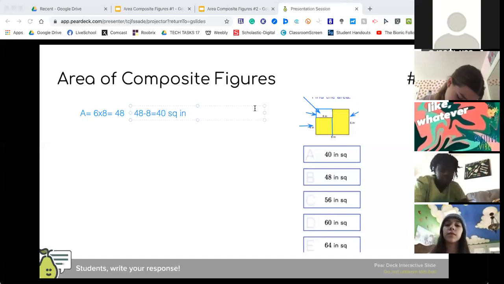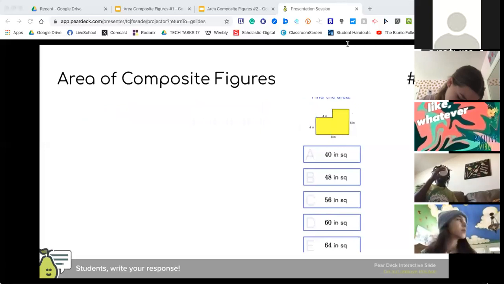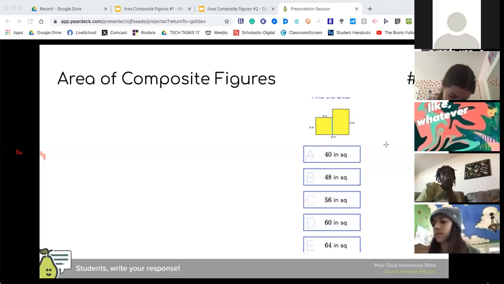Now, if you did it that way, great. If you didn't, watch the other way. The other way is to divide it in half. Again, this is a new one. We have not done one of these yet. This is brand new stuff. So I cut the shape into 2 separate rectangles. Does everybody see it's 2 rectangles? Well, it's a rectangle and a square, right?